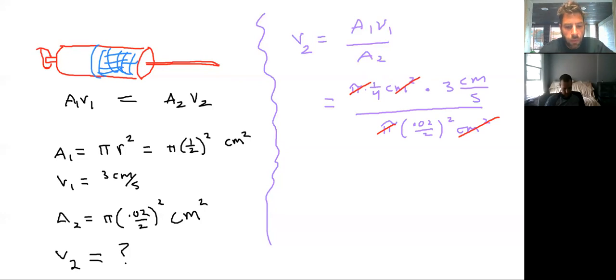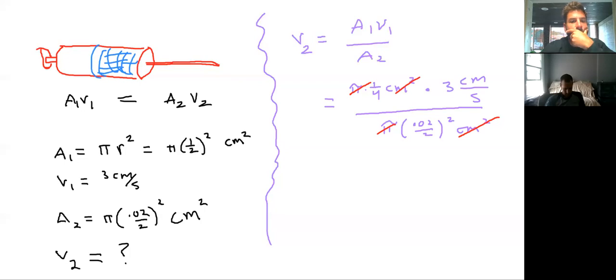And then I'm left with what? 3/4 divided by, what is it? 0.02 divided by 2 squared.